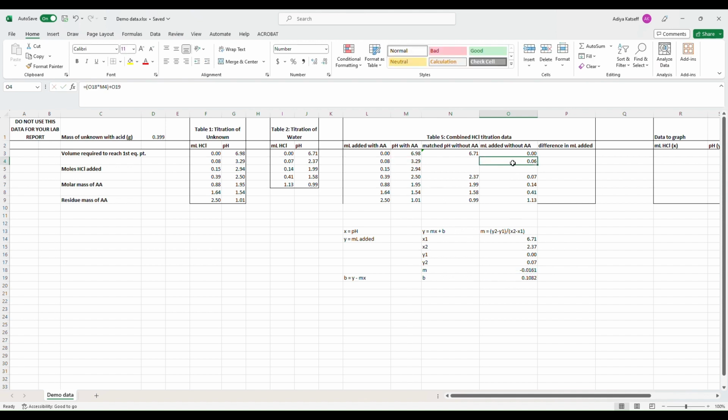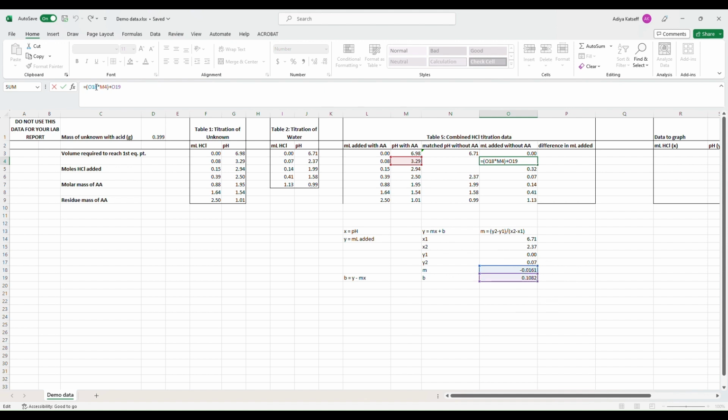So that's great. And if we wanted to drag this equation down to fill in for the next line, we want to do that to make our lives easier, but we have to do something first, because what happens is Excel will try to increment all three of these values by 1. We only want to increment this pH value. We don't want to change our m and our b. Those are constants in our equation.